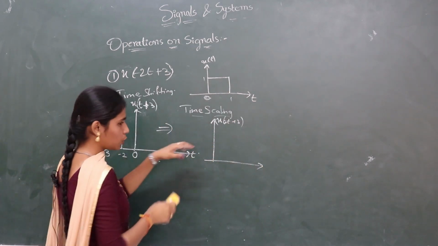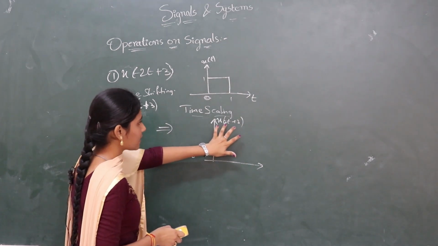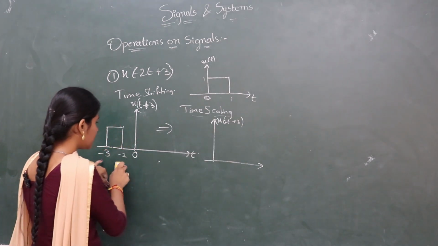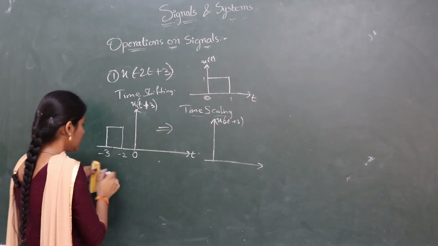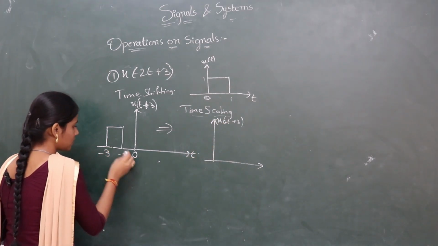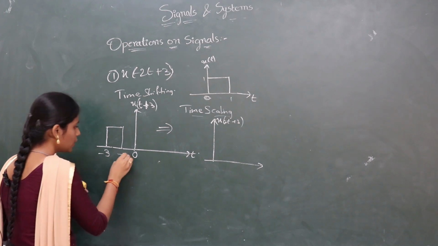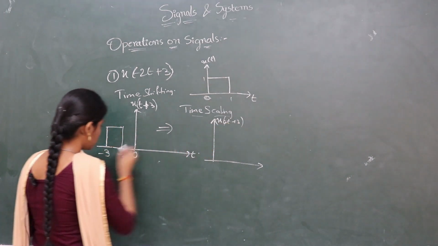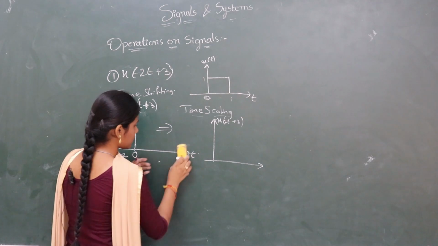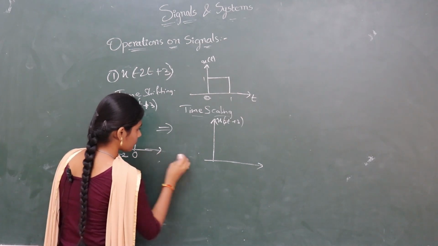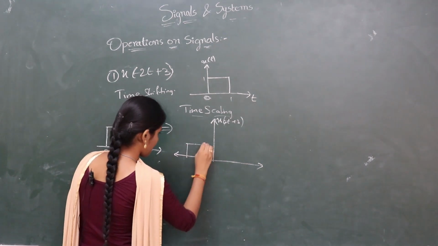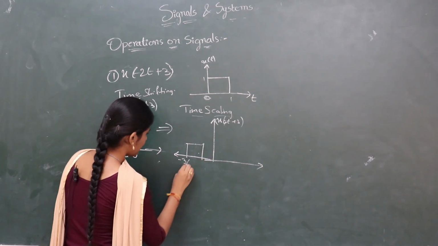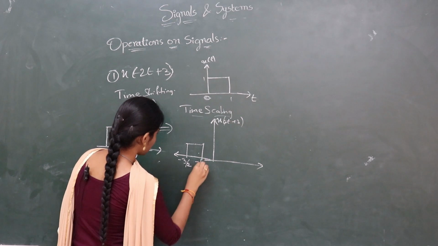As I have told earlier, the scaling factor is 2, so divide the time limits by the scaling factor to obtain the new time limits. The actual time limits are minus 3 and minus 2, so I am going to divide by 2. The obtained limits are minus 3 by 2 and minus 1.